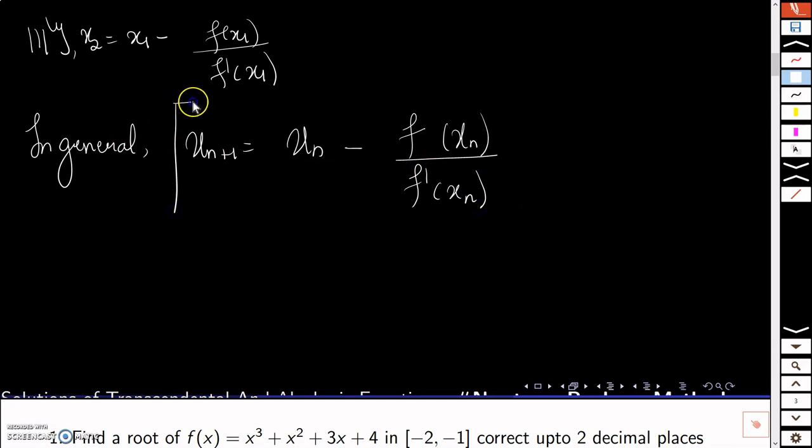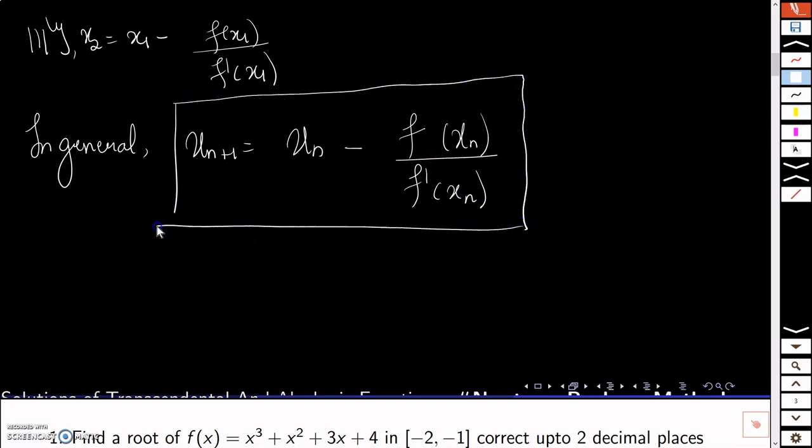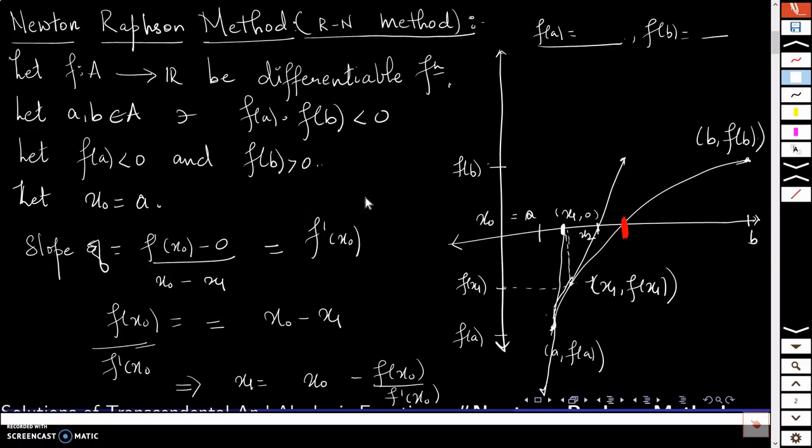So using this expression, I can find as many approximate roots as I wish to. Okay, and up to the desired accuracy level, I can keep on doing until I get the required approximate root. All right, so this way of finding the approximate root is called Newton-Raphson method, or sometimes also referred to as NR method.